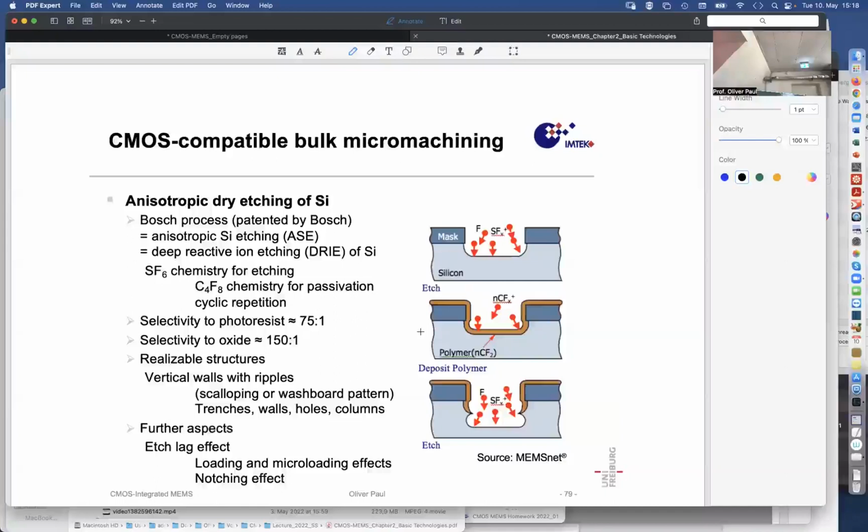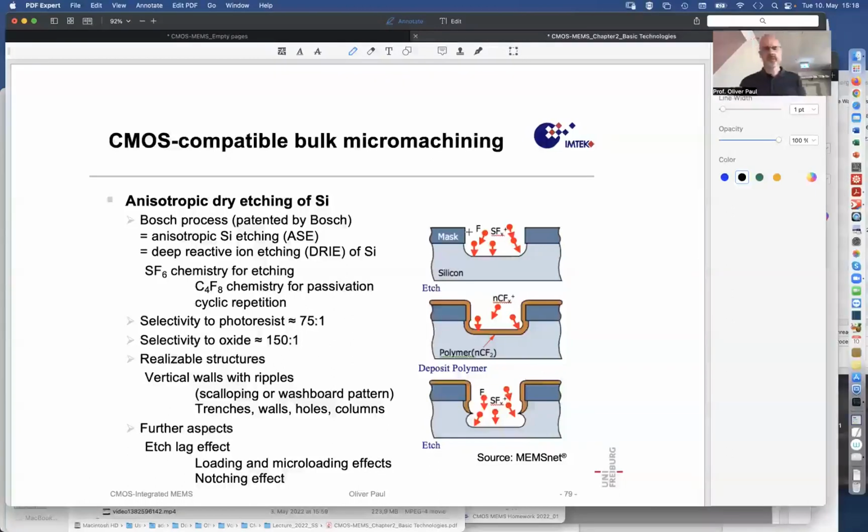Holes, trenches. Yeah? And again, here is a process that has pretty good selectivity to oxide. So if this is an oxide mask, and it is 1 micron thick, you can etch 150 micron in depth before that silicon oxide mask is gone.